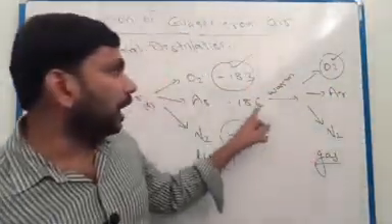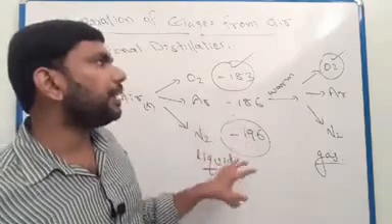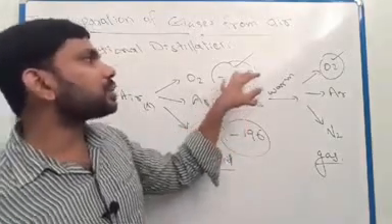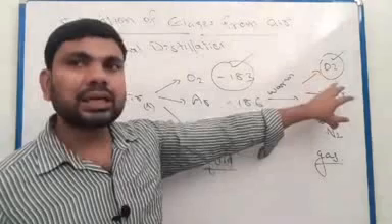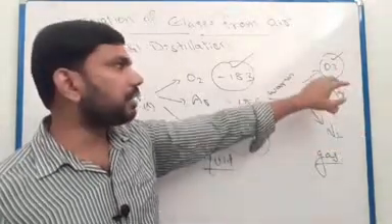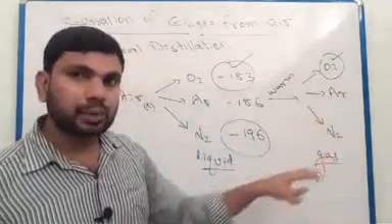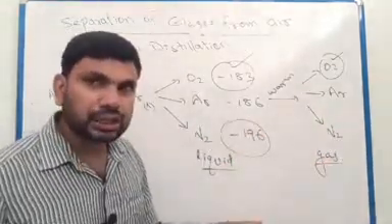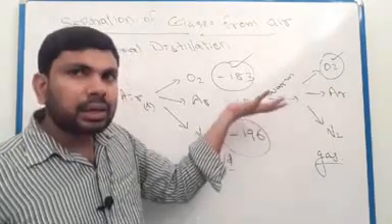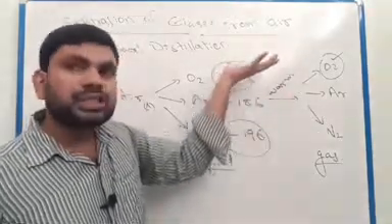After that we have to warm this mixture. After warming, oxygen will change to the gaseous state first, then argon, then nitrogen, because nitrogen is at a very low temperature and we have to warm more to change it to the gaseous state.